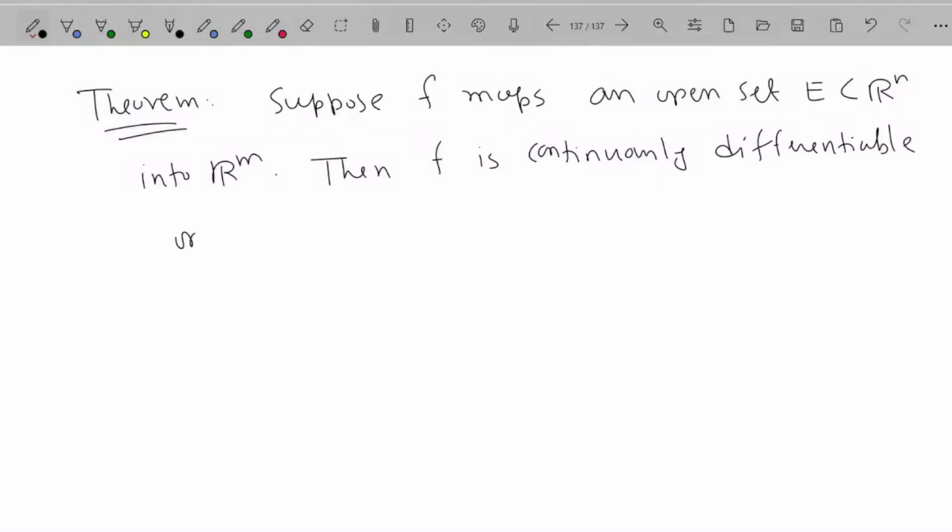So what do we mean by continuously differentiable on E? That means F dash, that function from E to Rn to Rm, is a continuous function.